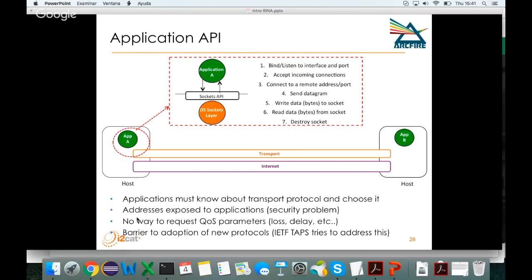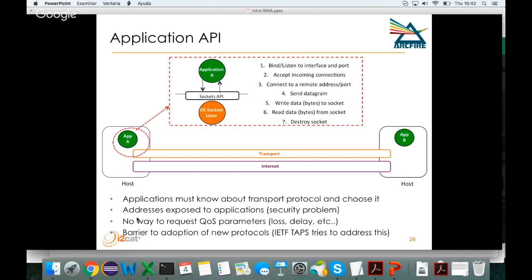So applications can just use a reliable flow using TCP or an unreliable flow using UDP, but they have no way of specifying the maximum loss they can tolerate or the maximum delay they can tolerate and so on. Since the network will not provide this information, they have to adapt, complicating application development as well.